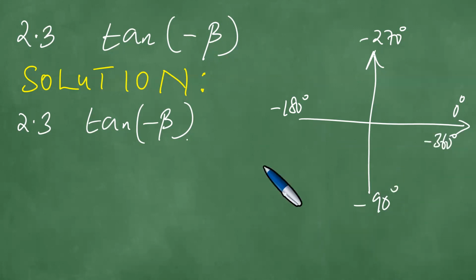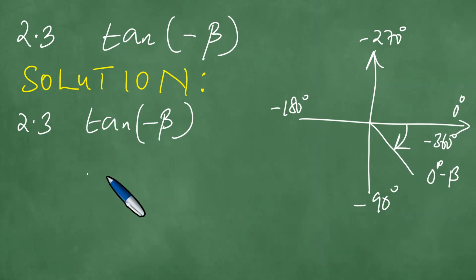So now if you look at this one, minus beta is the same as 0 degrees minus beta. It is a negative angle measured in a clockwise direction from the 0 degree ray.